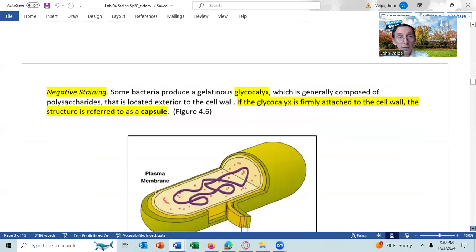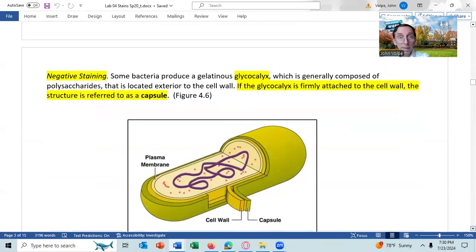All right, let's talk a little bit about special stains. The negative stain is sometimes used to stain the glycocalyx, and that's because the negative stain stains the background of the cell, and if it stains the cell as well, it will show up the glycocalyx.